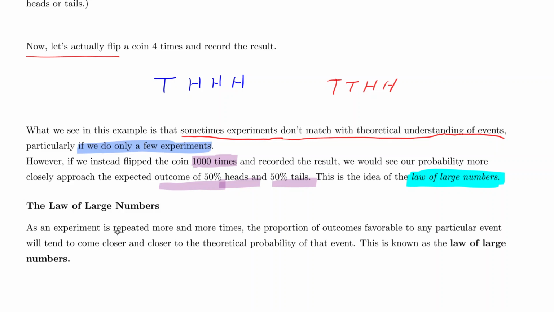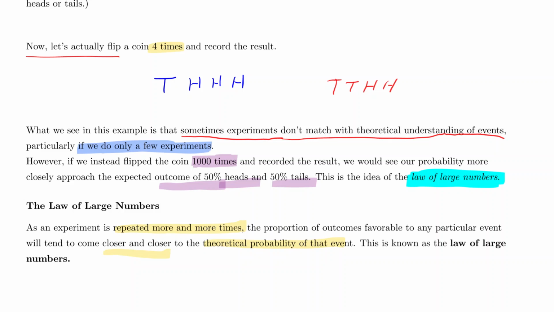As an experiment is repeated more and more times, the proportion of outcomes favorable to any particular event will tend to come closer and closer to the theoretical probability of the event. This is known as the law of large numbers. Here we did 4 flips, but if we do 100, 300, 1,000, or 10,000, it will get closer and closer to 50% between tails and heads.